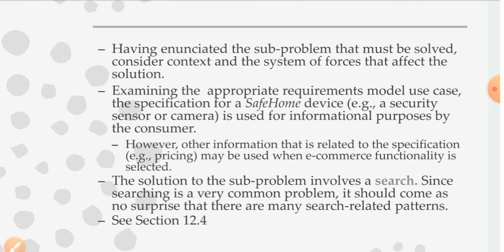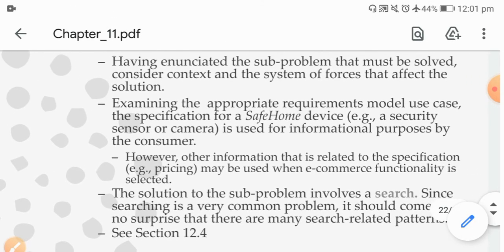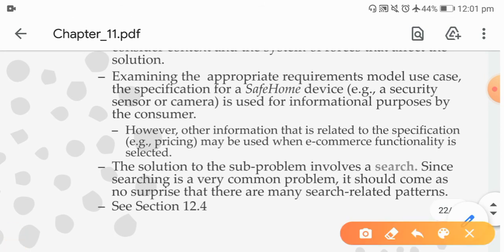Having enunciated the sub-problem that must be solved, consider the context, the system of forces that affect the solution. That is, examine the appropriate requirements, such as your device being a security sensor and the camera, used for information proposed by the consumer.